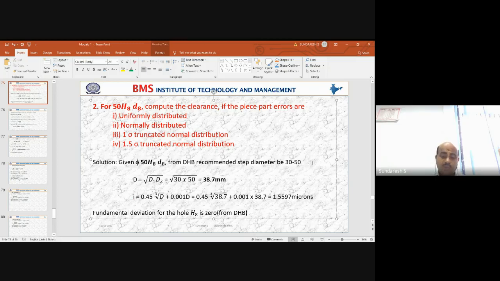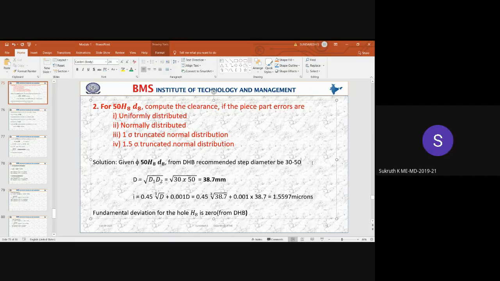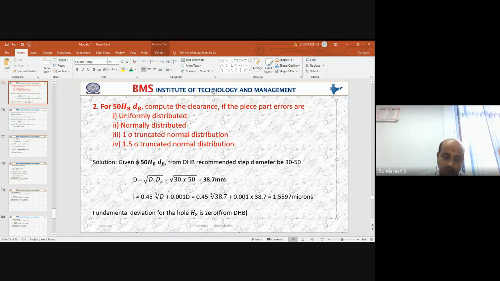The 0.001 term is 10 to the power of minus 3. So first you have to calculate I. Is it clear, my dear students, how to calculate I? Of course, this requires the data handbook, which I will give you afterwards; at present you can just practice like this. 50 lies in the 30 to 50 range, which you get from the data handbook.